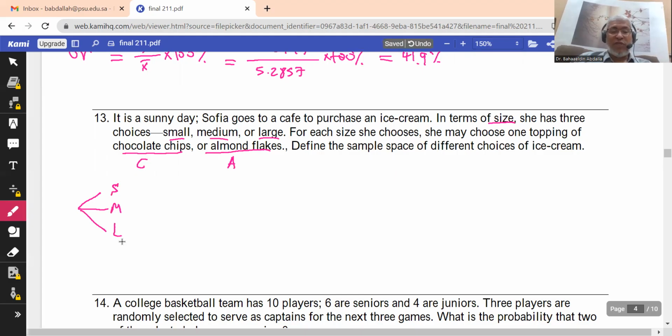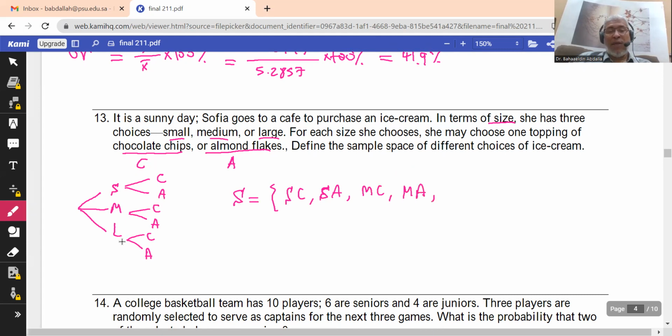And if she chooses the small size, she can choose chocolate chips or almond, okay? Also for the medium size, also for the large size. So we can say that the sample space consists of SC or SA or MC, MA or LC, LA. So there are 6 choices of ice cream.